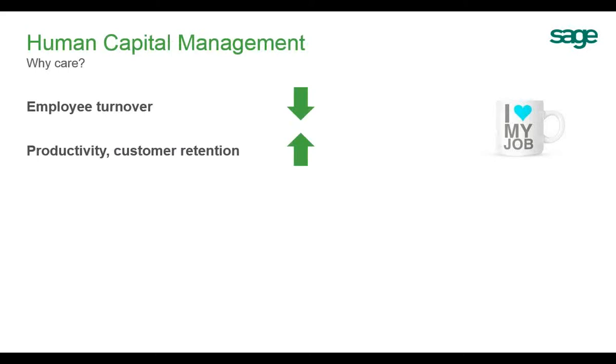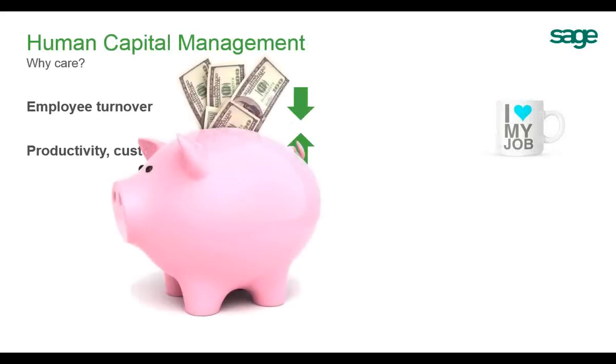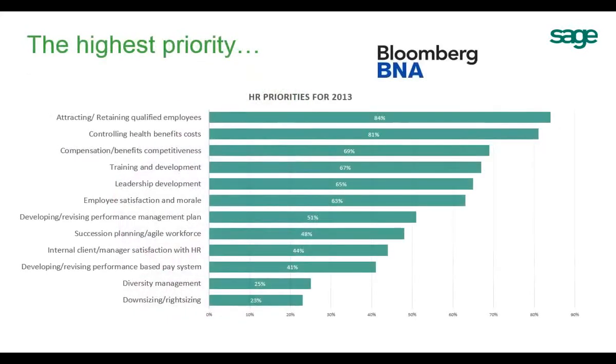Maybe you hired incorrectly, but I think a lot of that is employee retention and management, how you deal with those employees once you get them on board and how to keep them happy. So again, low employee turnover, and high productivity and customer retention, only means dollars for the company.